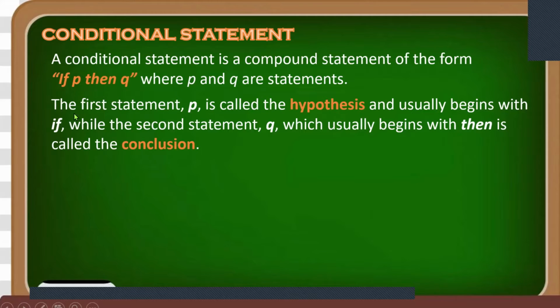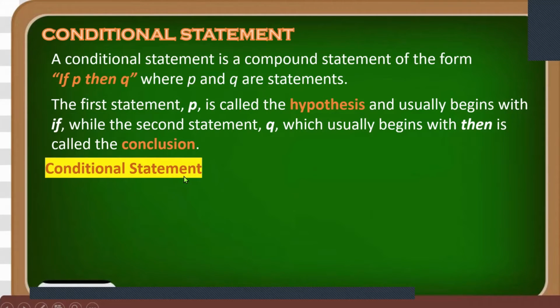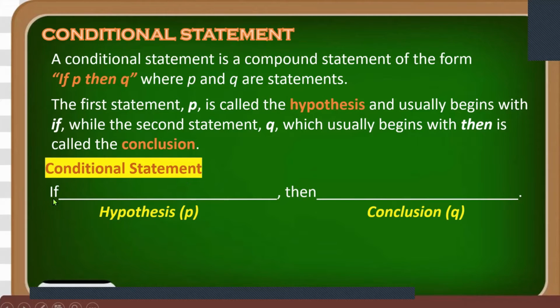So, madalas po, ang first statement ay laging nasusundan ng if. Then the second statement naman is then. Ito naman po siya. Yun naman po yung palatandaan din. Conditional statement: the if statement is called the hypothesis or P. The then statement is called the conclusion or Q. So, kung makikita nyo po, nakaline po siya, hindi kasama sa hypothesis si if.